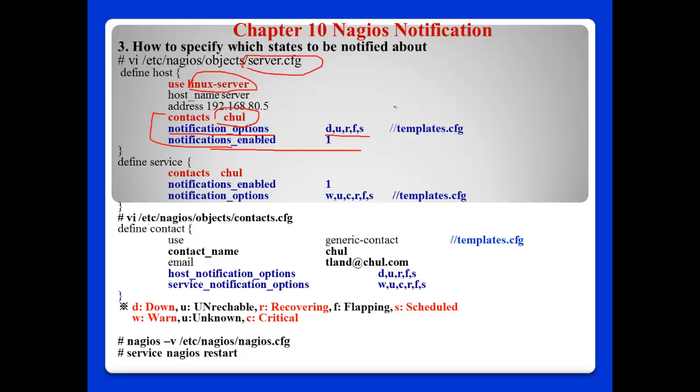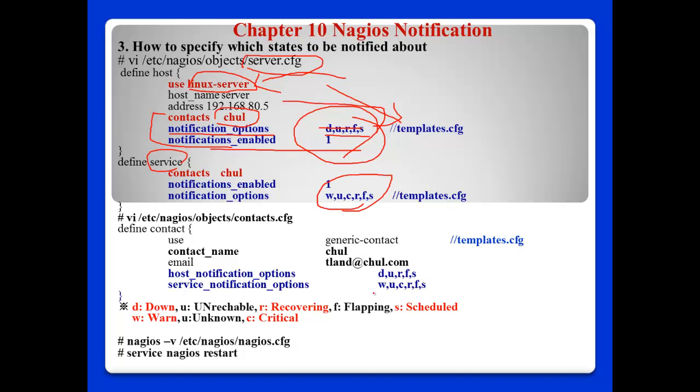But normally these options we can find in template.cfg as well. If we find this template Linux-server, here we can change the notification options, for the service as well. So for the notification options for host and notification for the service, there are these kinds of options.